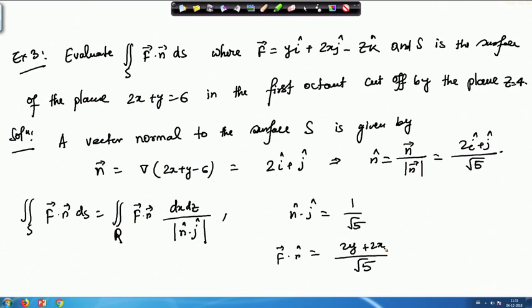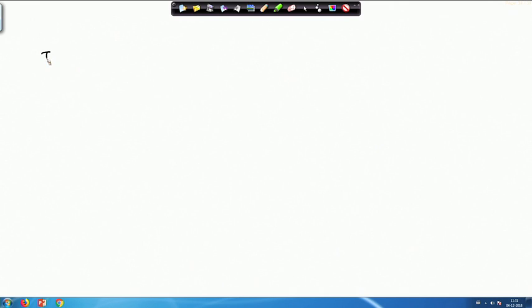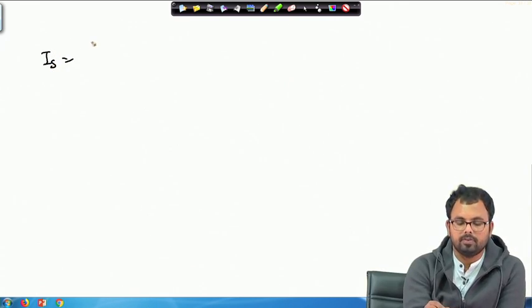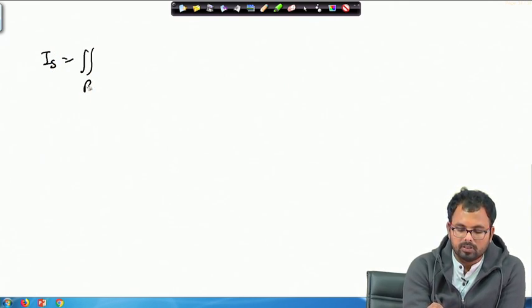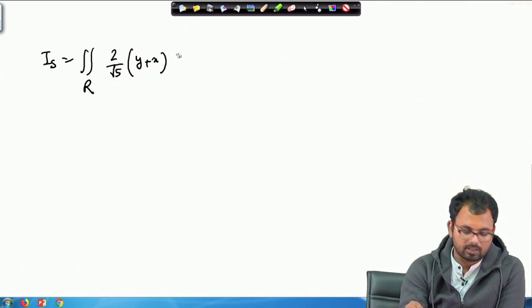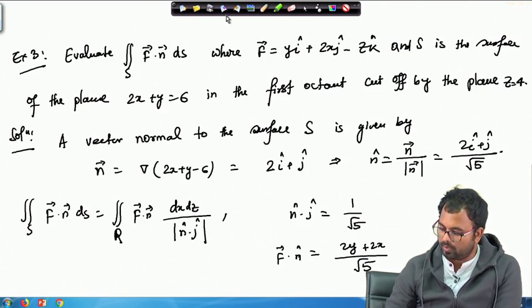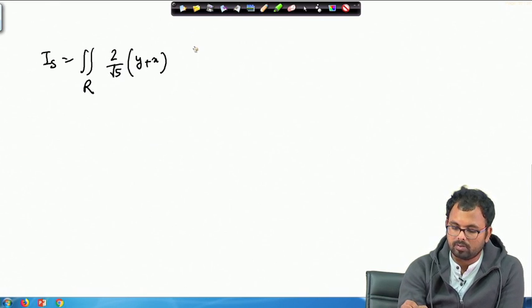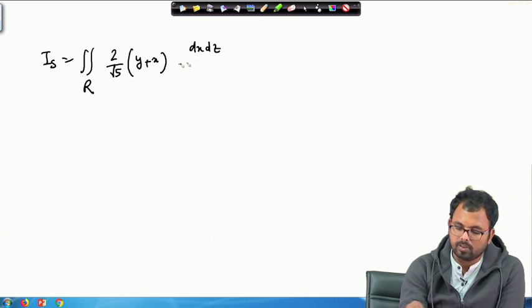So, that is what we will get as f dot n, and that is what we will get as n dot j. So, we substitute everything here. So, it will be, let us say, our surface integral over the region R, where f dot n is 2 by square root of 5 times y plus x, times dx dz divided by 1 by square root of 5, right.